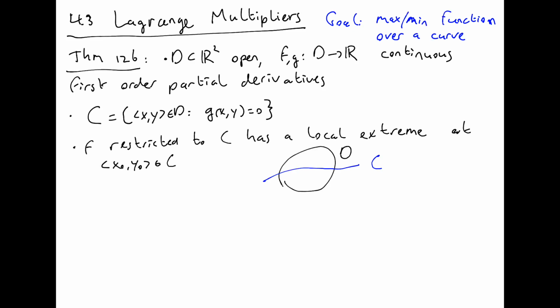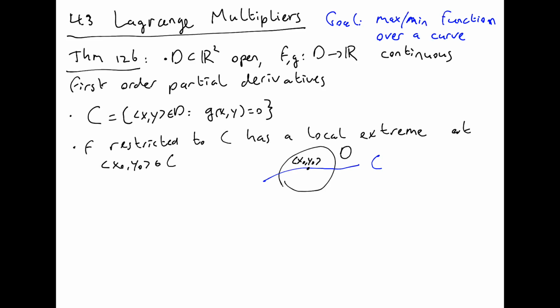And we have our point x0, y0, which is a local extreme over the curve C, means that it could be a maximum on the curve. So it could be a maximum on the path, a local maximum. But it need not be a maximum over the whole domain D. So there could be points close to it which are still higher. But on the path C, it's going to be a maximum. And this is precisely the set of points that we want to find. Because if we have all of those, then we will be able to find the global maximum.